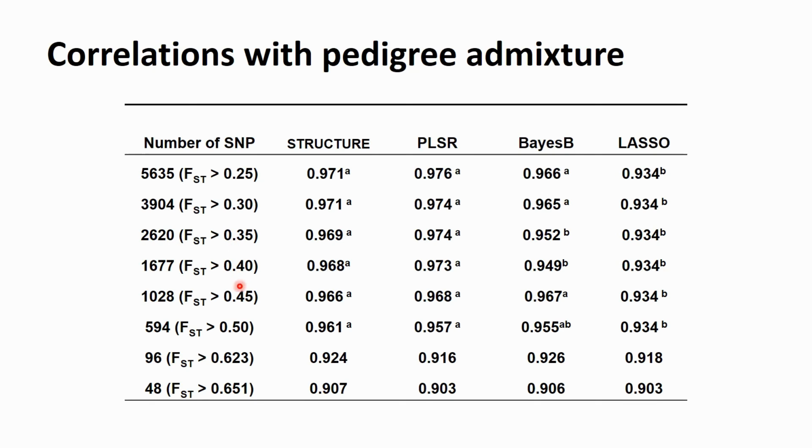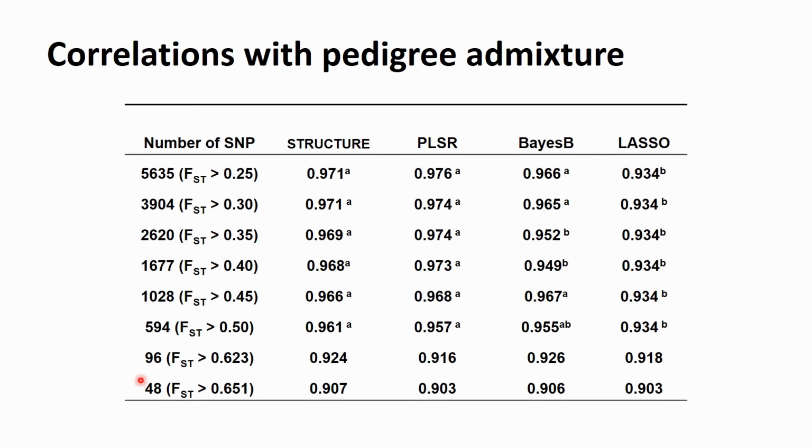So you see that we go up with the FST value, we go down with the SNP numbers that are considered for such analysis. But even with about 600 SNPs, well-selected SNPs, we are at a level of about 0.96 when it comes to correlations between pedigree and genomic admixture results.